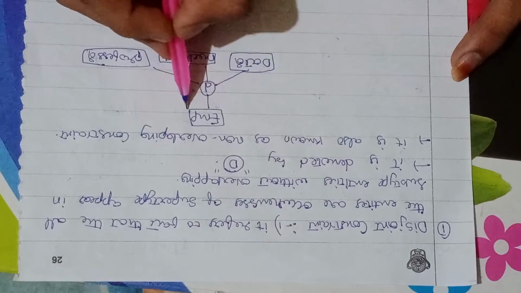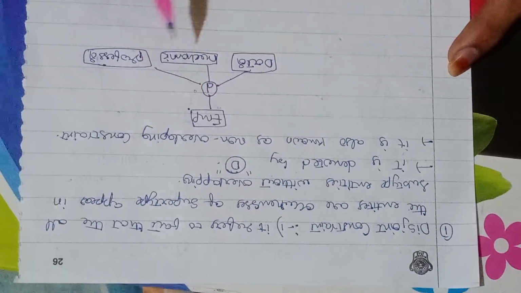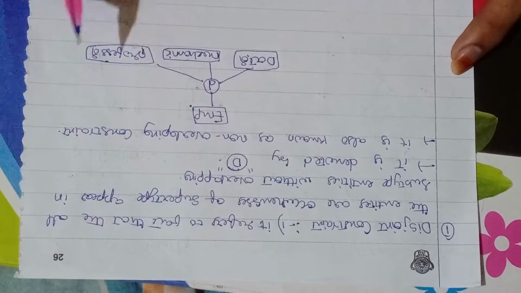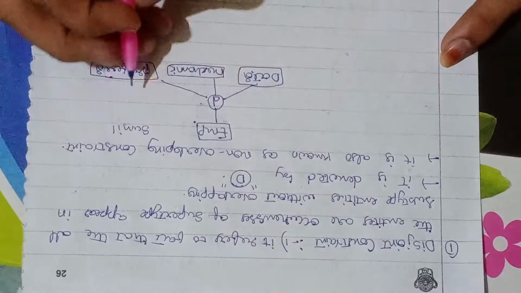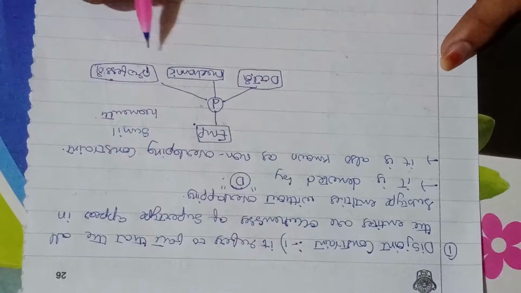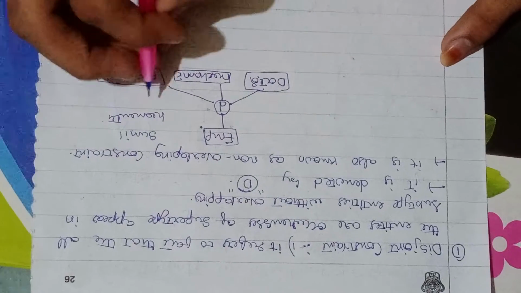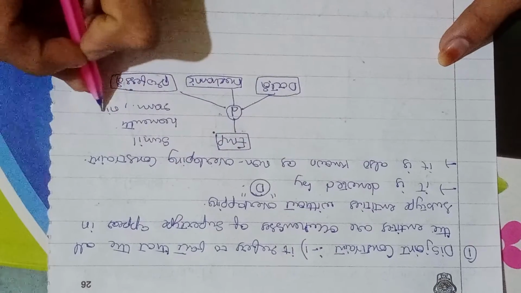Here one supertype entity is there, and subtype entities are there. Now Sunil and Hemant are two members, and another Ram and Nikhil.